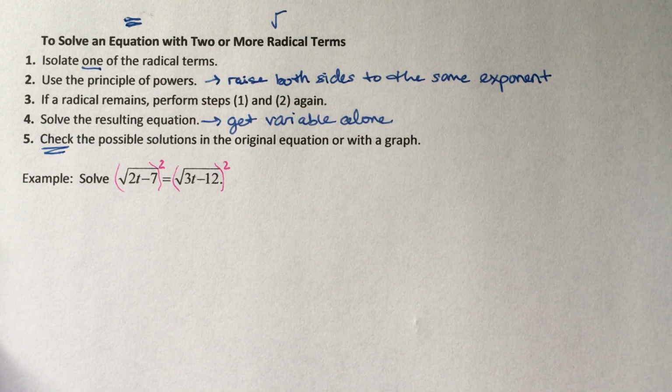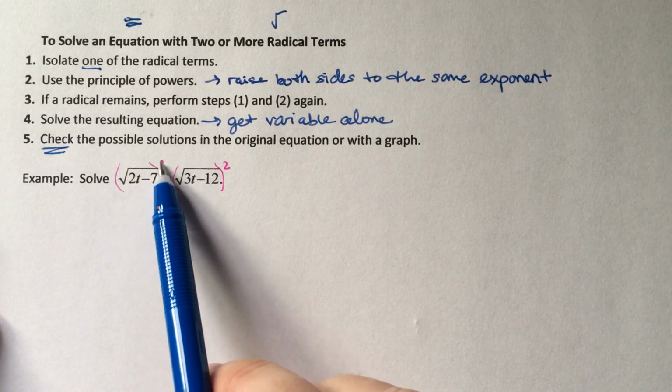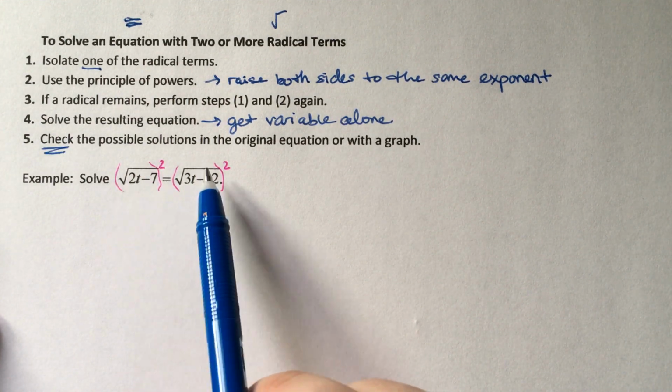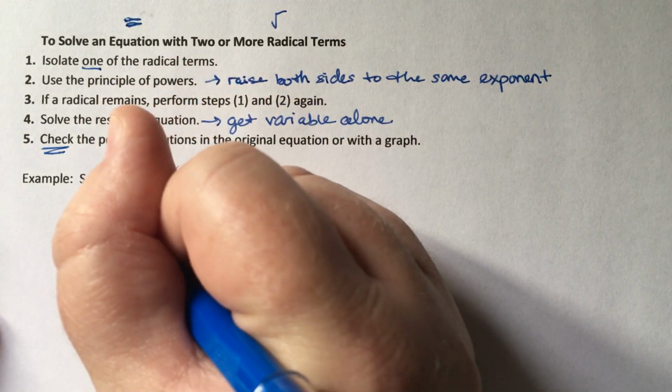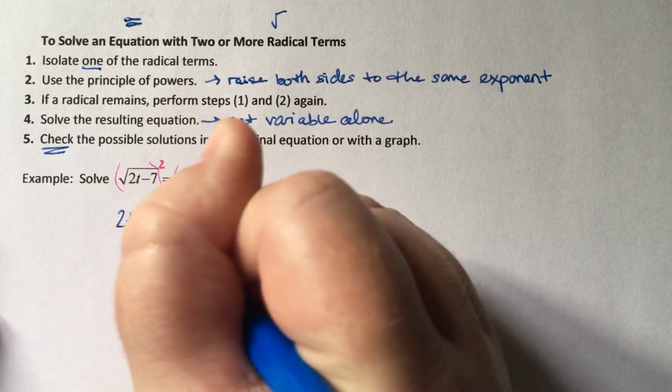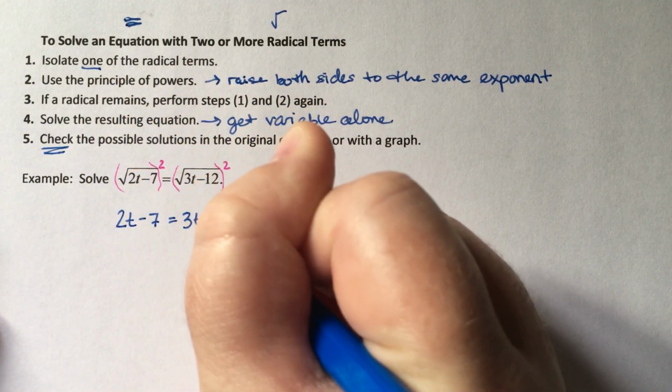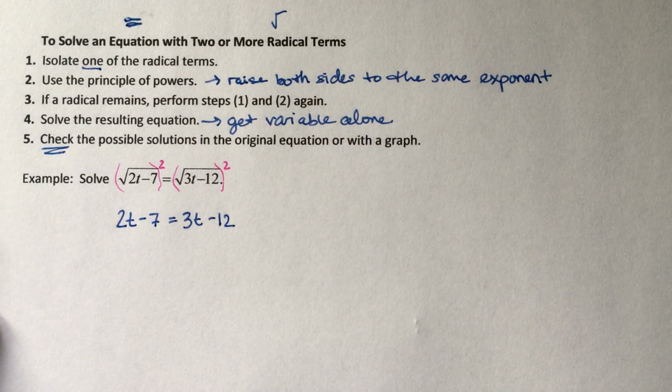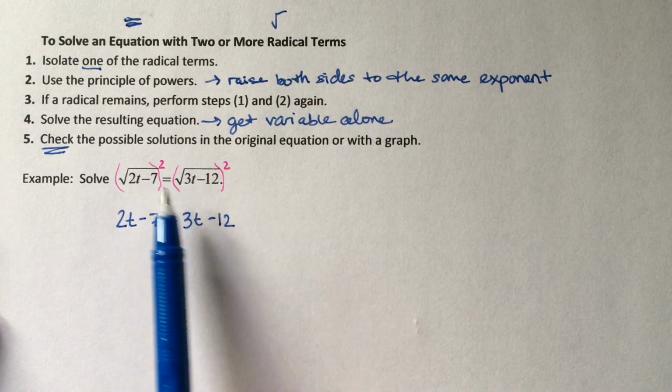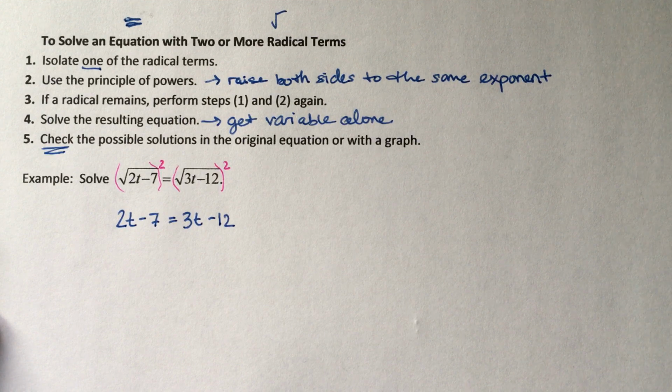But in this one, it actually works out really nicely because the squaring undoes this square root and this square root. So I just end up with 2t minus 7 equals 3t minus 12. Because both square roots get undone by the squaring. And then it's just a normal kind of equation to solve.